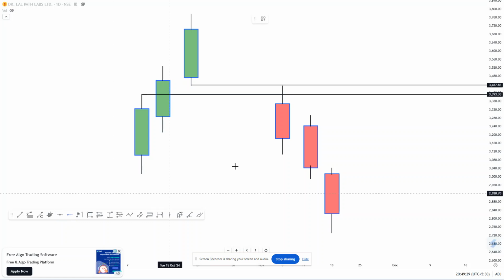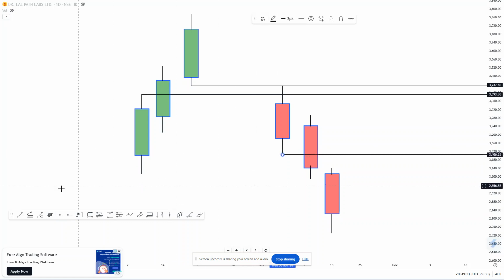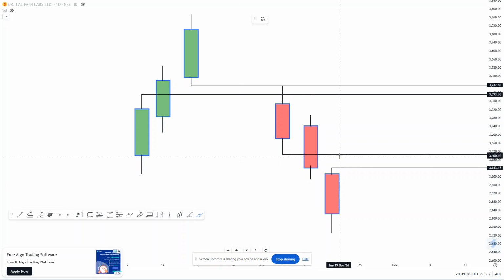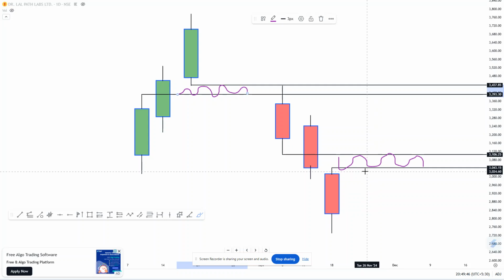Right. So the gap between the low of the first candle and the high of the third candle. So this point, right? This gap is our point of interest. This gap in uptrend and this gap in downtrend. So in an uptrend, whenever the prices come back here, we will try to buy.